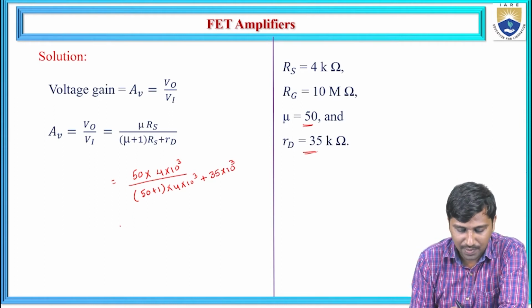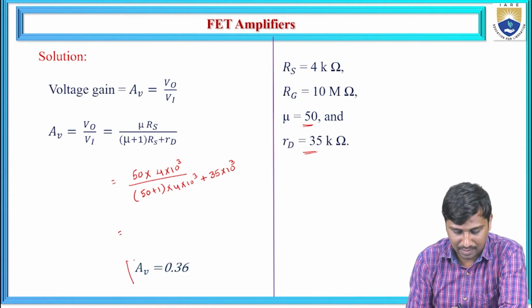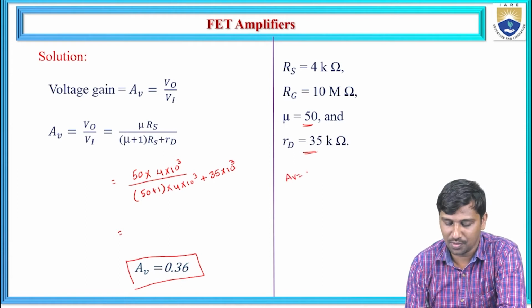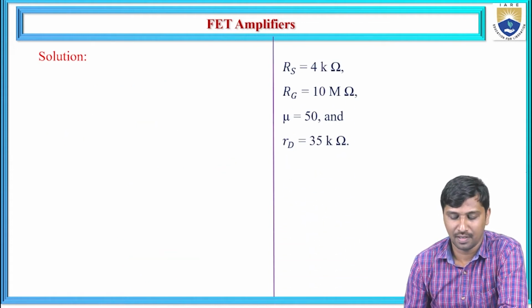Now I can solve this. It gives a voltage gain of 0.36. So we observe the voltage gain is 0.36 for the given specifications.